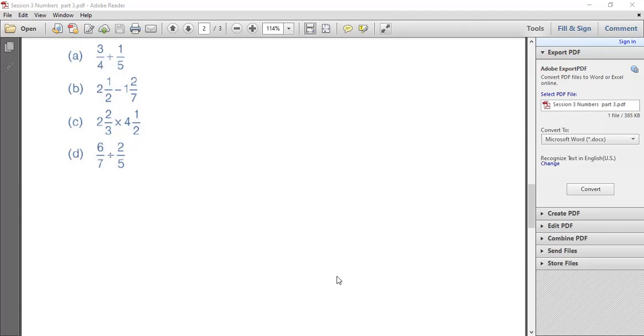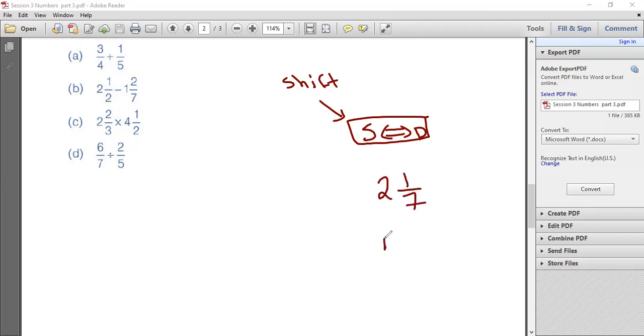You have this button. It's like this button. See, it's like this. You press shift, then this one, 1/3. And you make it a mixed number. Okay, thank you.